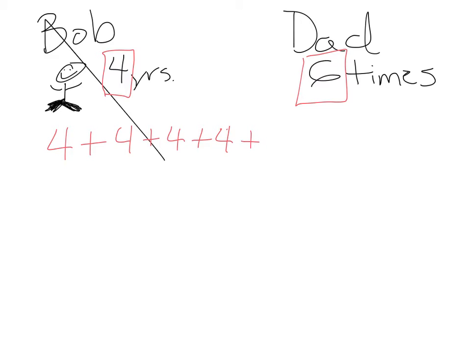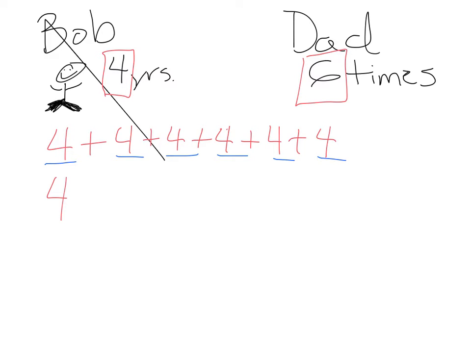All right. 4, 5, 6. Okay, I'd have to do that. But we're talking about multiplication. We're not talking about addition. So what I would look and say, I have essentially 4, and how many groups of 4 do I have? I have 1, 2, 3, 4, 5, 6.